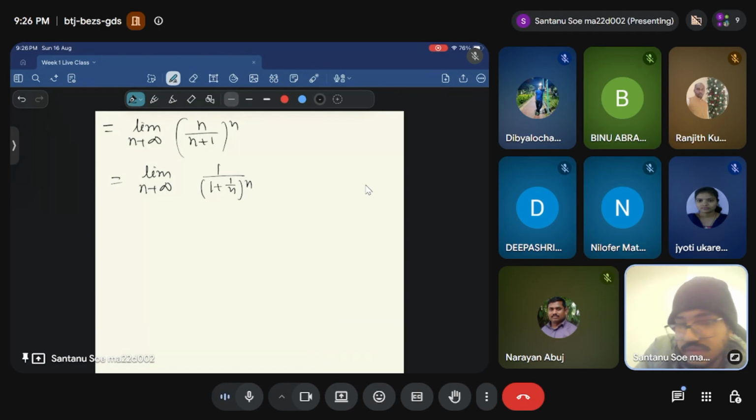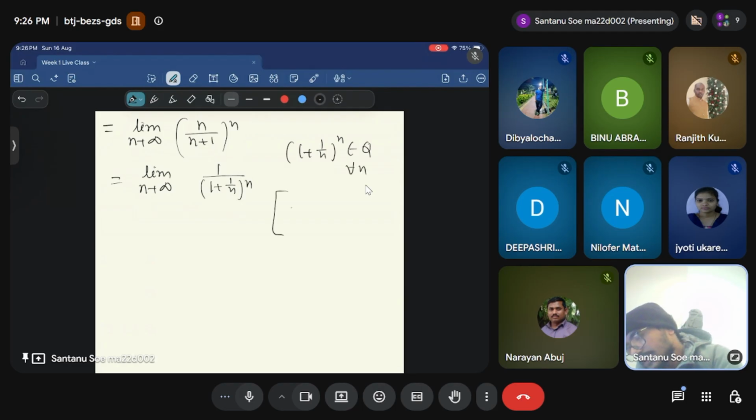So this is one such sequence: for the irrational number e, (1 plus 1 by n) to the power n is a sequence of rational numbers, because whatever n you put, this will always be a rational number, correct? And the limit of this sequence is e to the power 1. So this will be just 1 by e.